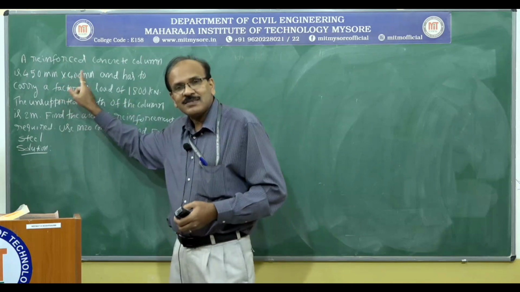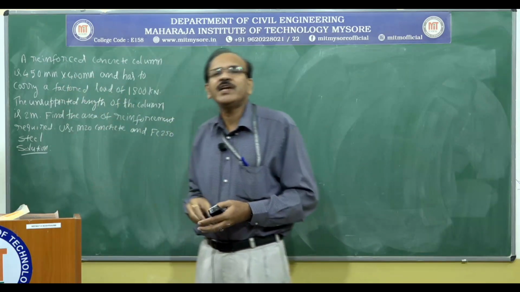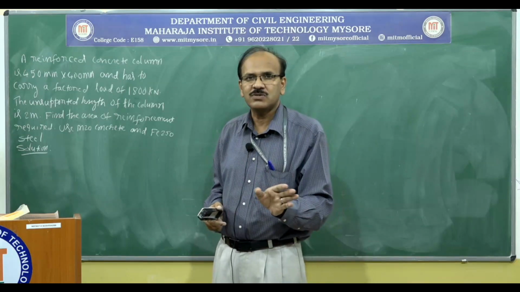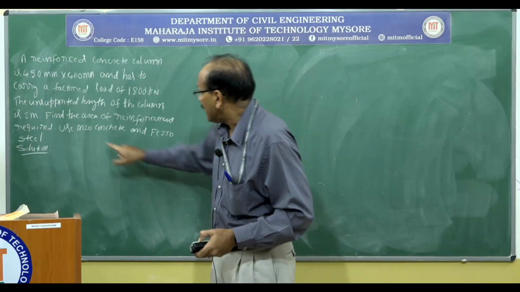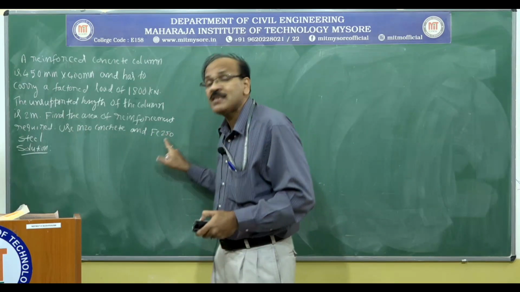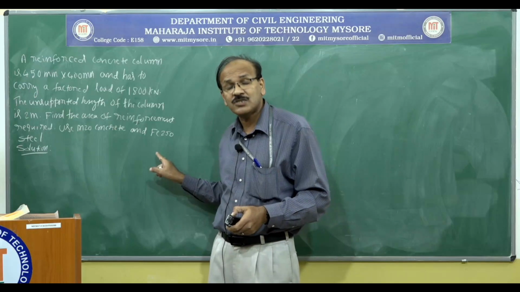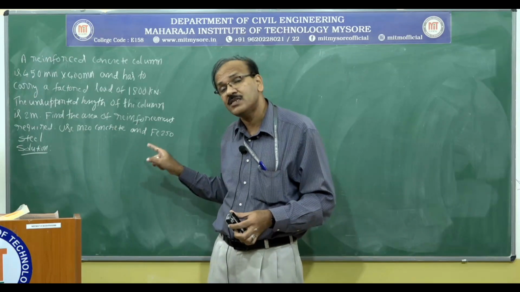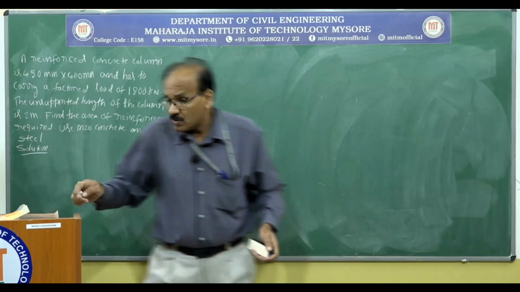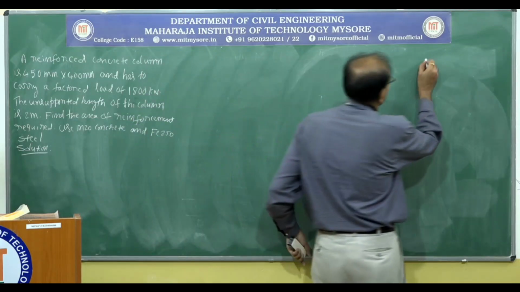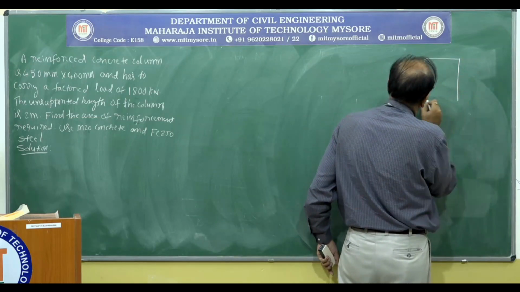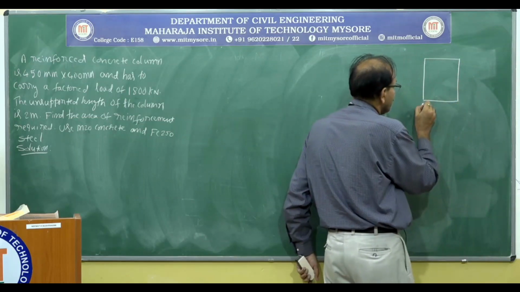So here, because the dimensions are given, we need to find out only the reinforcement area, nothing else. Okay. Then it says use M20 concrete and Fe250 steel. Be careful here. It is not 415 steel, instead it is 250 steel. Okay. So this is the column cross section.